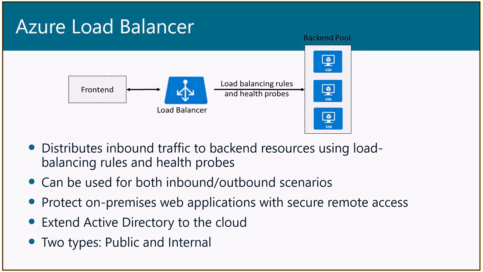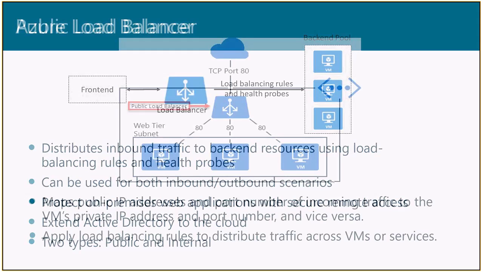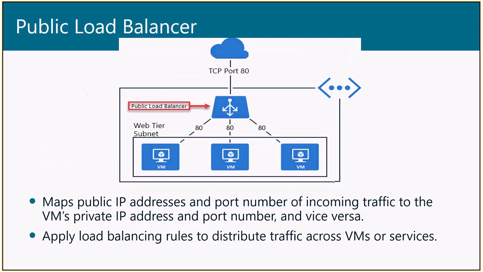The 2 types we have in load balancing are public load balancing and internal load balancing. A public load balancer is going out to the internet, which is port 80. So you can map these IP addresses coming in. Let's say you have an application. Your application, a website, is distributed to 3 virtual machines.